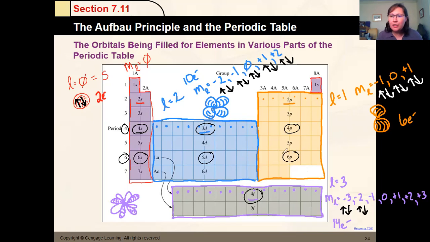So what I want you to do, if you haven't already done it, is go get your periodic table so that we can look at how we're filling those. I want you to have it sitting next to you, just like I have it sitting next to me.